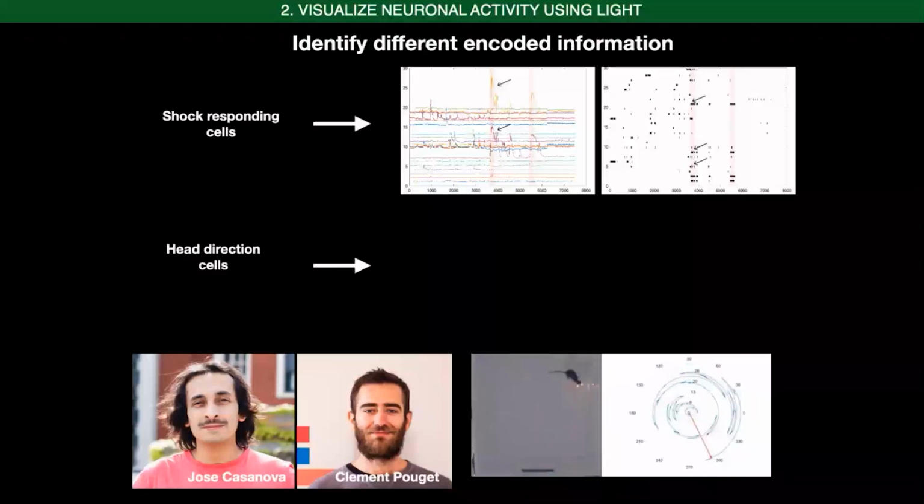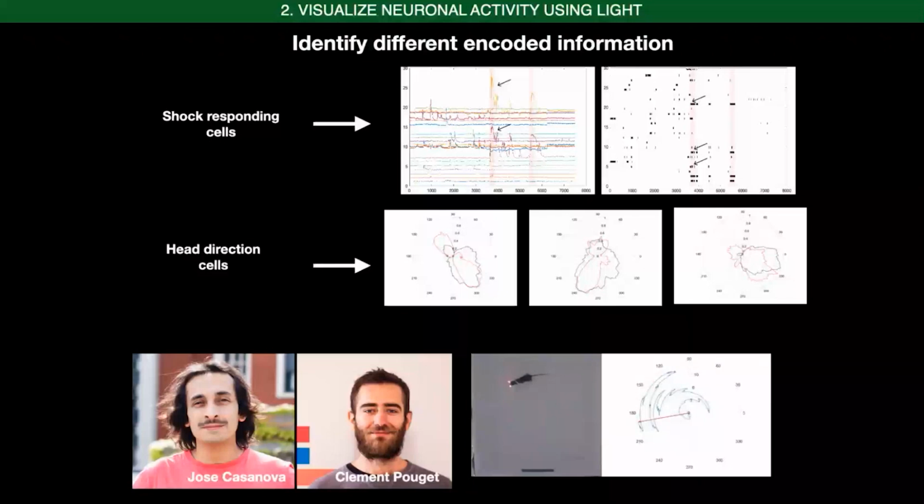And here, close to the video, you can see the head directionality of the animal. You can correlate the head directionality with the activity of the cells, so that we can compute this information and try to find the head direction cells, the ones that I just explained to you, within the cells that we can detect using calcium imaging.